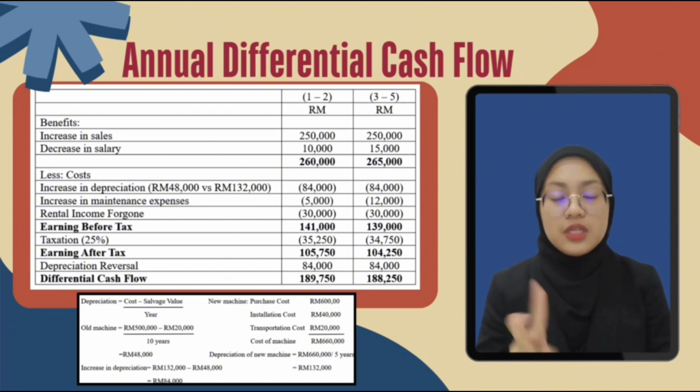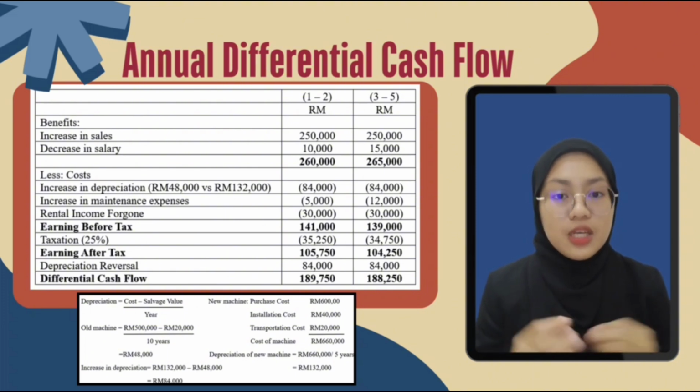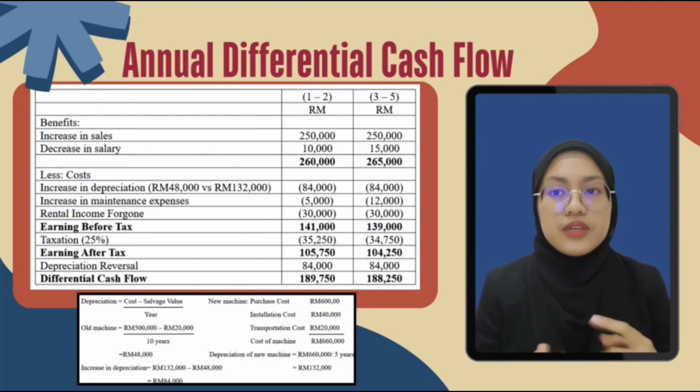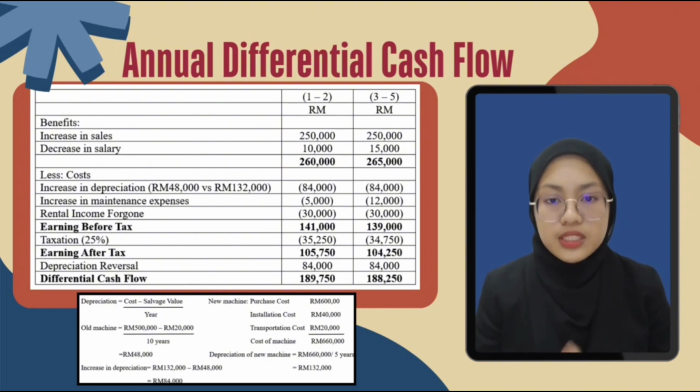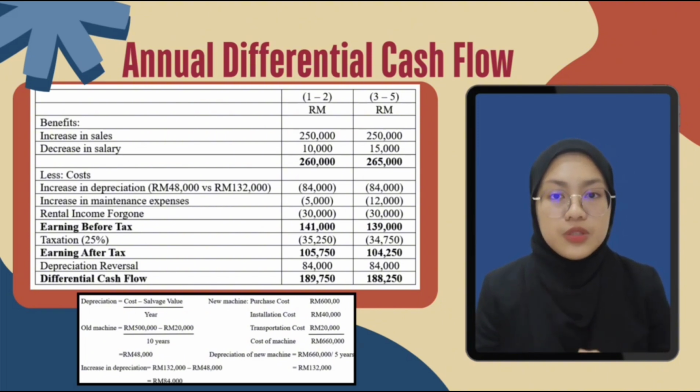We have two columns: the first column is year 1 until year 2, and the second column is year 3 until year 5. So we talk about the first column first. The sales is increased by RM250,000, and the salary is decreased by RM10,000. So we got RM260,000, and we need to minus all the costs: first, the increase in depreciation, which is RM84,000, the increase in maintenance expenses RM5,000, and the rental income program RM30,000.